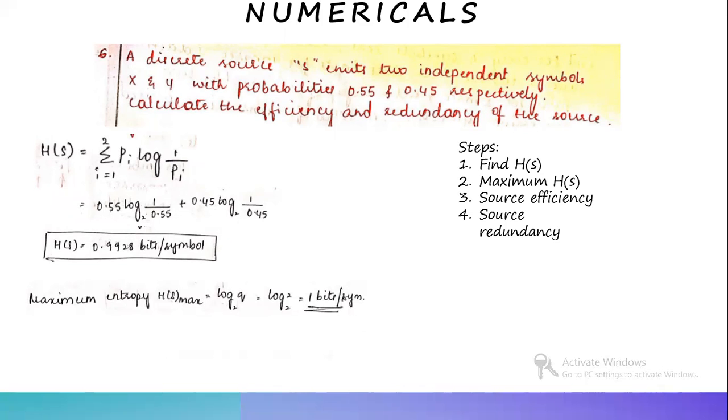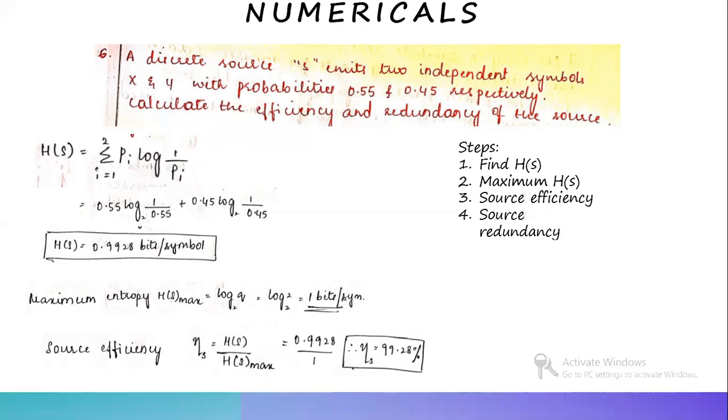Then source efficiency formula is eta S equal to H of S by H of S max. We have calculated H of S and H of S max value, substituting those values, 0.9928 by 1. So eta S will be equal to 99.28%. Remember, you need to represent it in percentage.